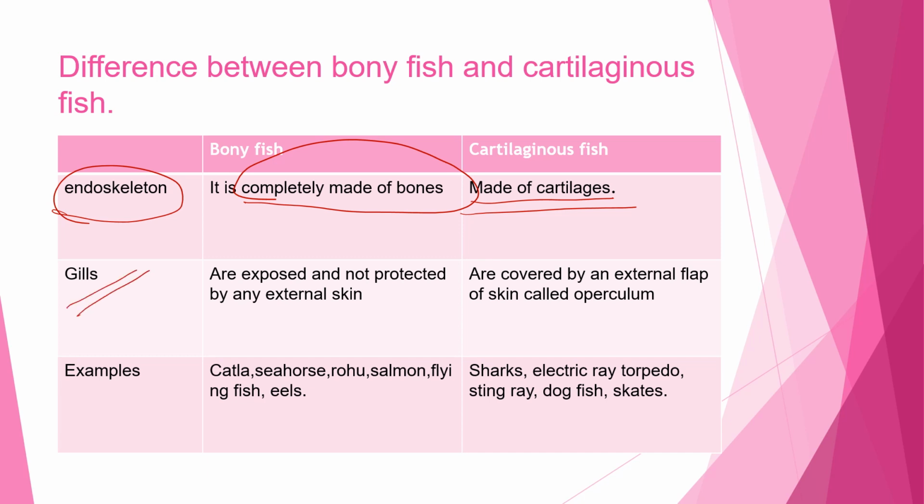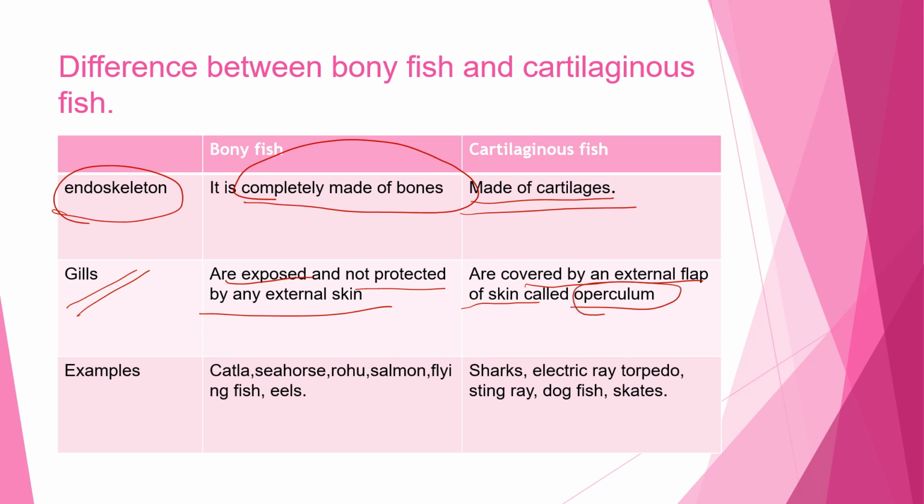Now the gills in bony fish are all exposed and are not protected by any external skin. When you see a bony fish, the gills are not at all covered by any external skin. They are all exposed.